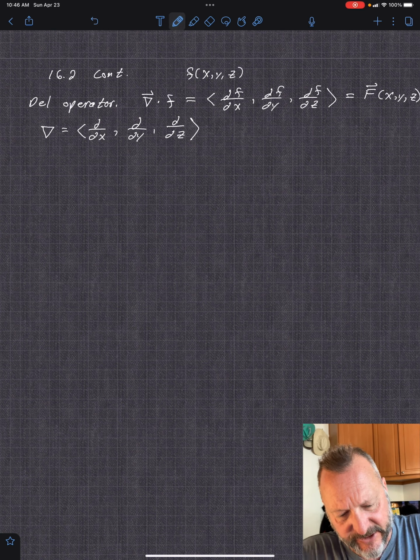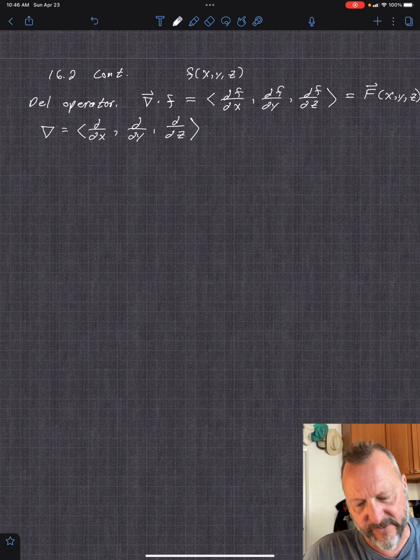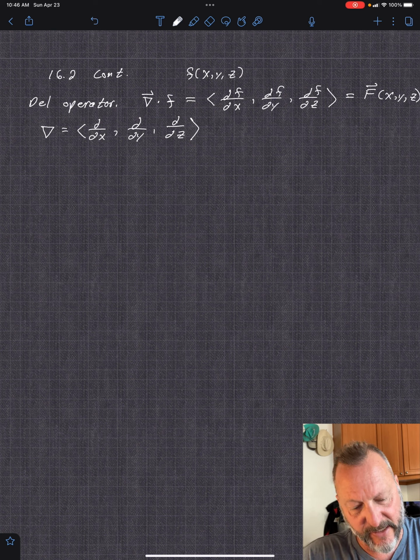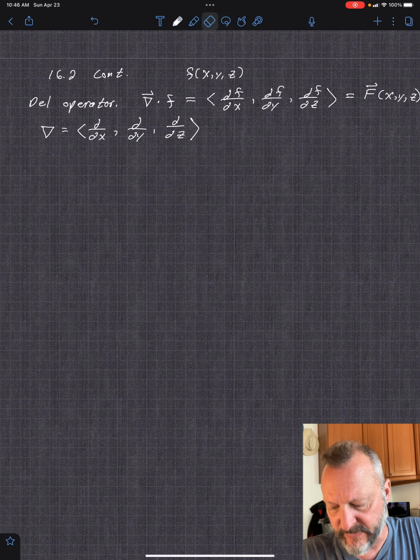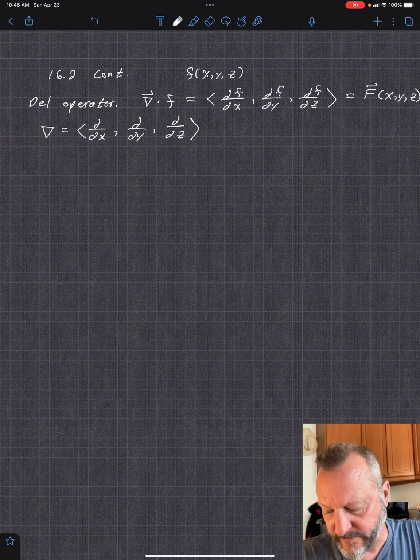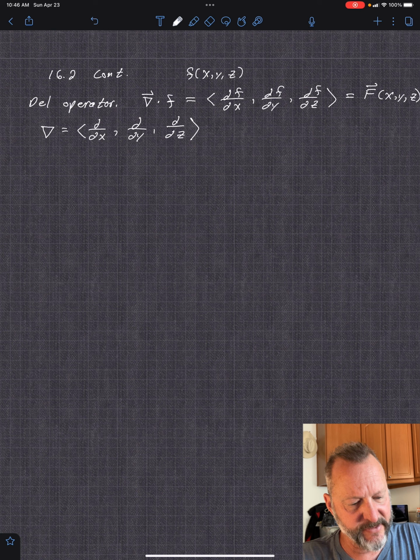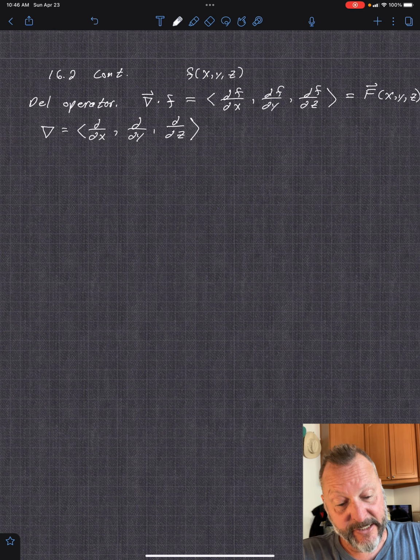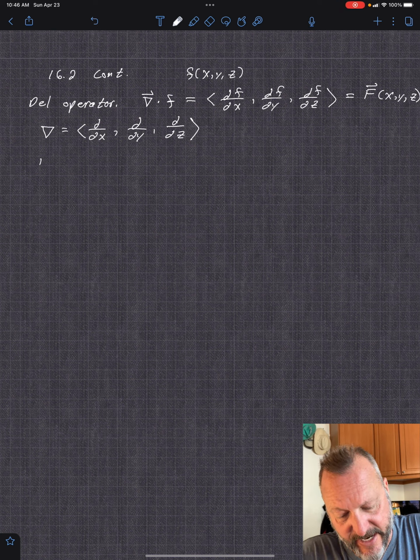So I have to be careful here. This isn't dot, this is just del f. So del f is defined to be that, which is a vector field.